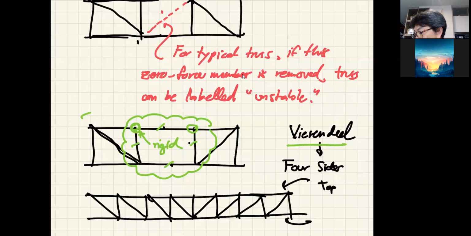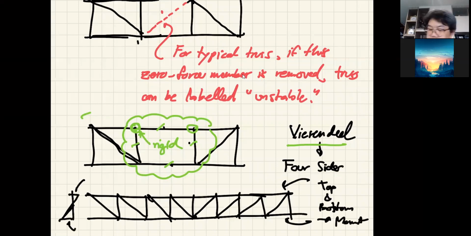Top and bottom chords will take the moment because when you look at the bending stress, My over I, the maximum stress is at the top and the bottom. So that leaves the webs to take care of the shear.